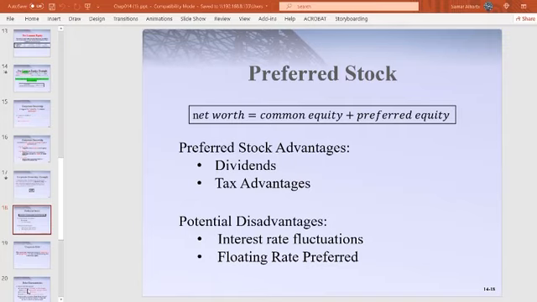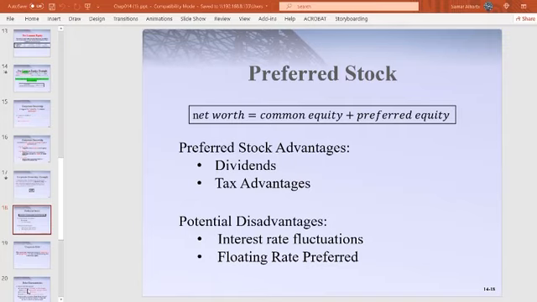Now, what is a preferred share? A preferred share is similar to a common share, but it pays fixed dividends. So, as a shareholder or investor, when you buy them, you know you are going to receive dividends for sure. But for common shares, you may receive dividends, you may not, depending on the decision of the board of directors.